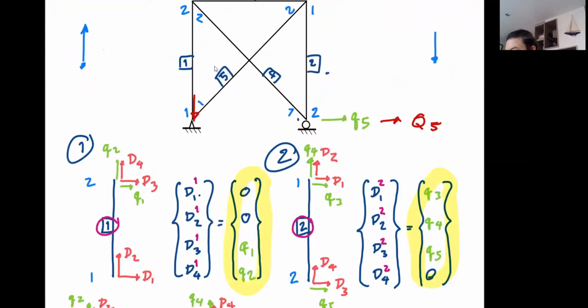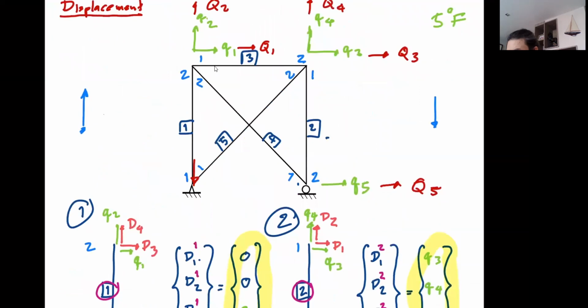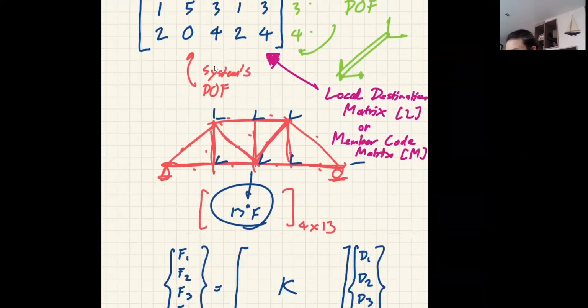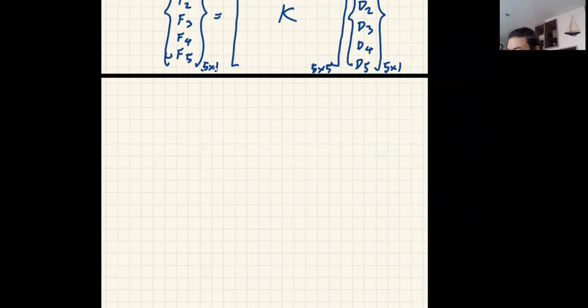Okay. So for member number 1, instead of writing those formulas, I'm just going to write the matrix, but make it big and call the components like this: K11, K12, K13, K14.